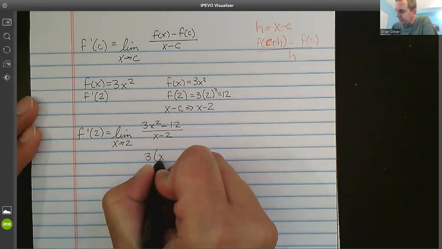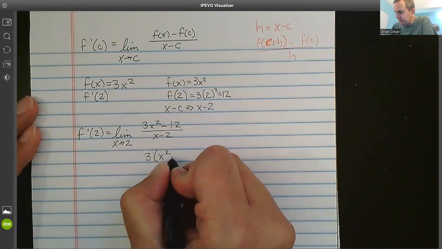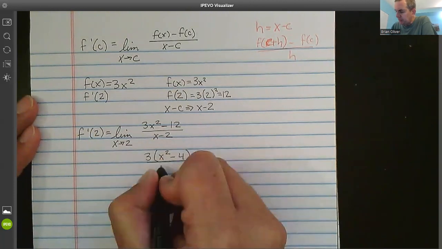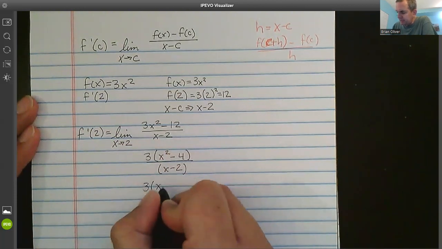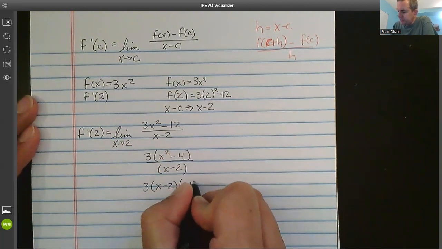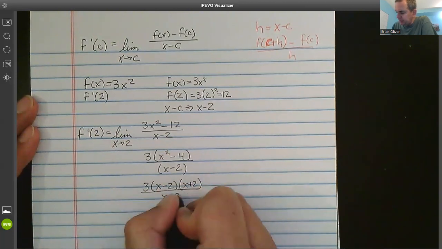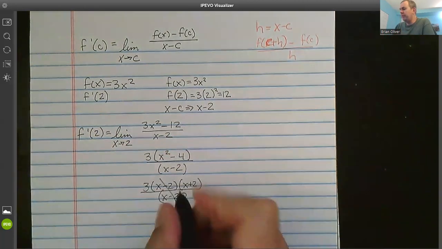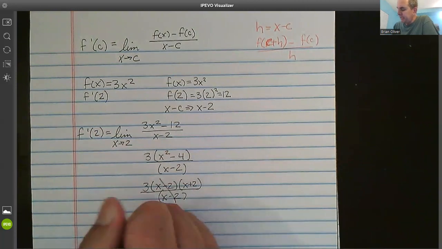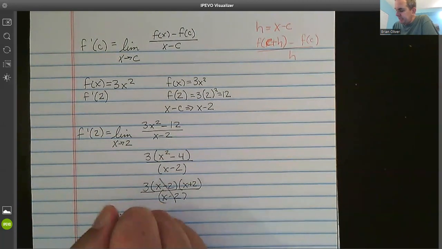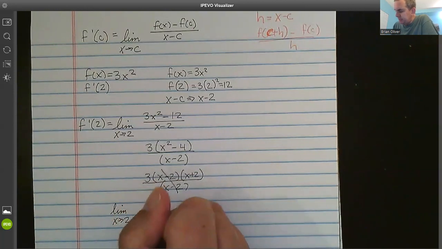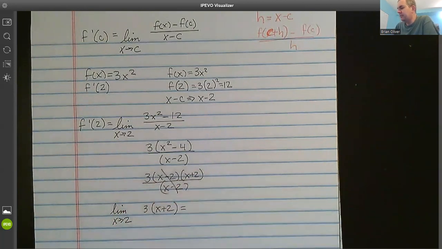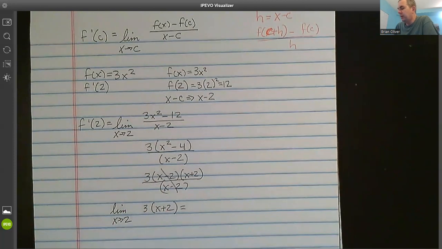This becomes 3 times x squared minus 4 over x minus 2, which becomes 3 times x minus 2 times x plus 2 over x minus 2. What we find is that this limit is the limit as x approaches 2 of 3 times x plus 2.